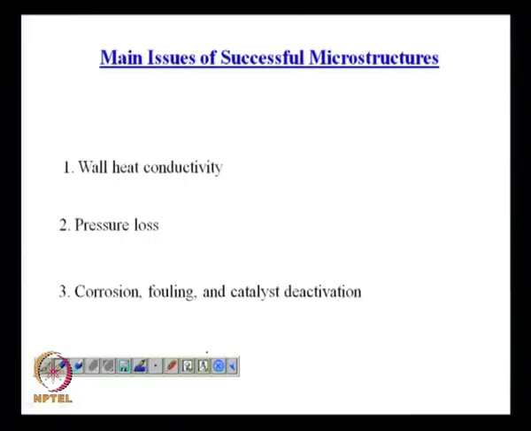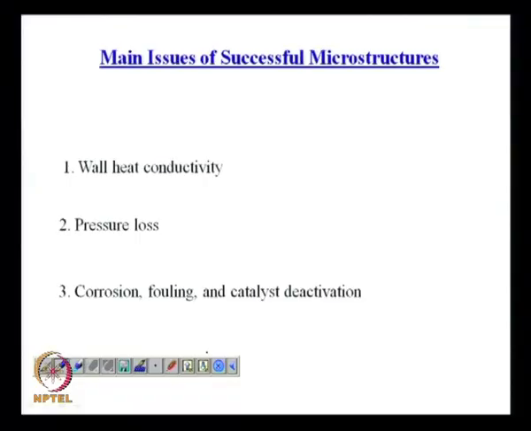So, the first thing that we are going to look at is the effect of wall heat conductivity in terms of heat transfer between phases. Secondly, another thing which is also important in macro scale heat exchange is the pressure loss. We all calculate the pressure drop required to have some flow through the shell side as well as through the tube side.